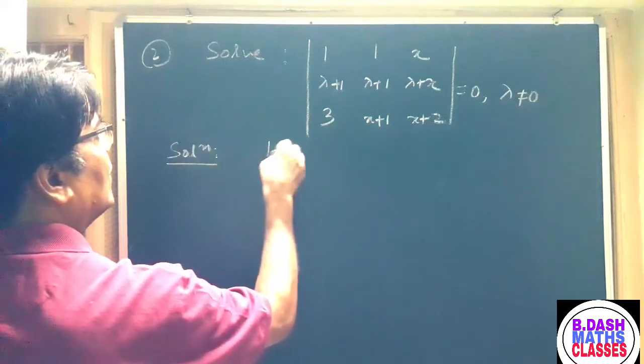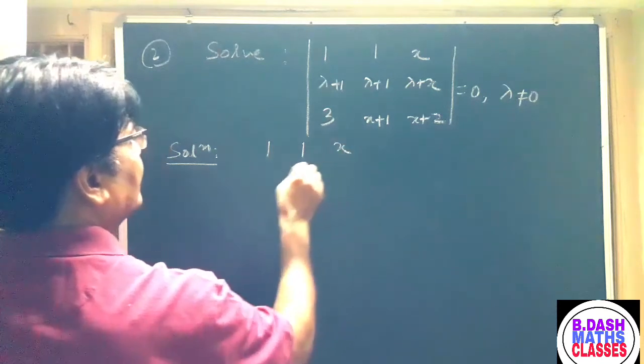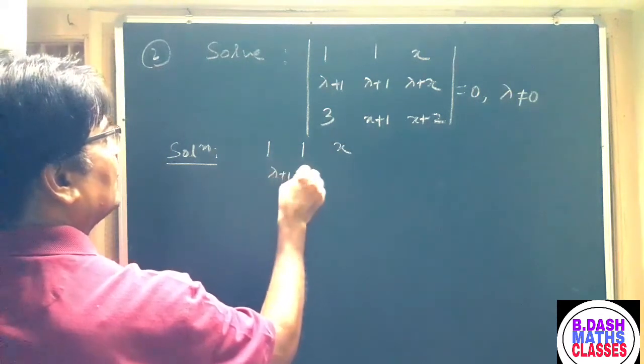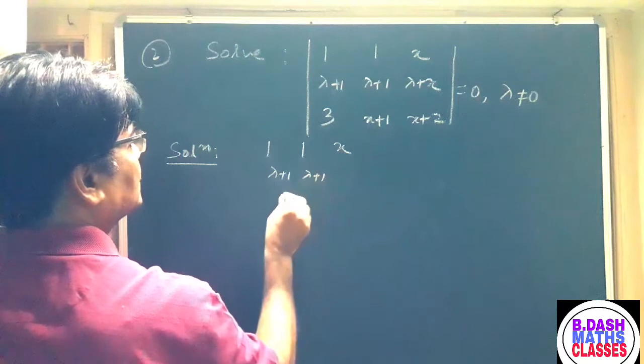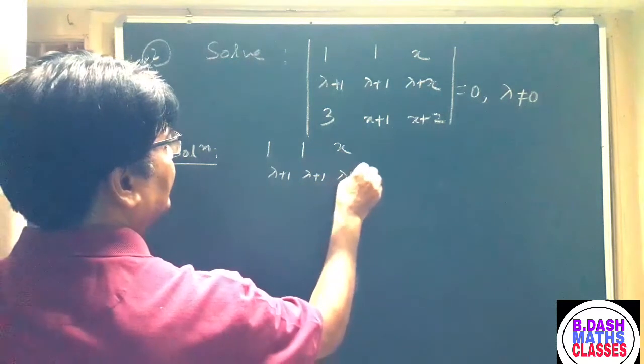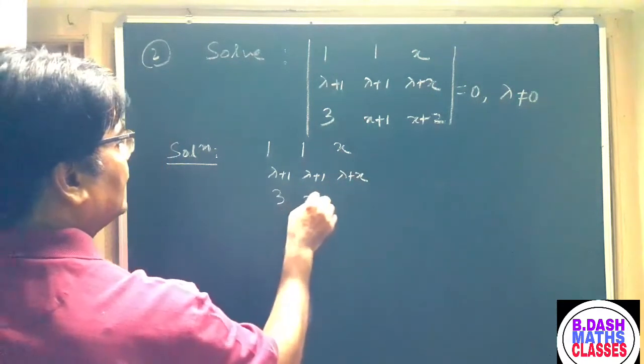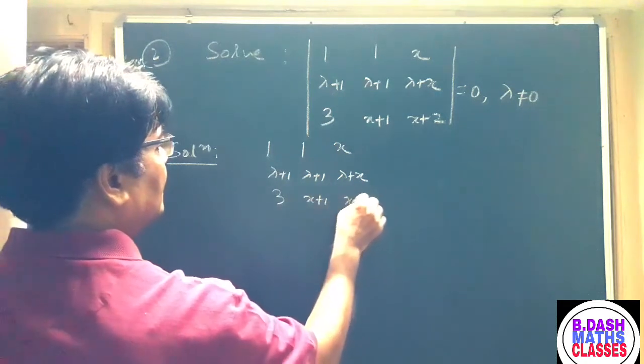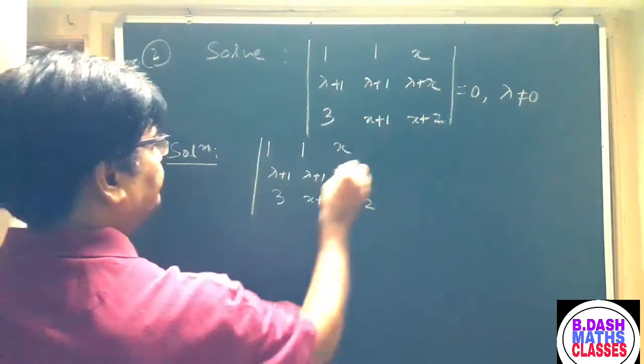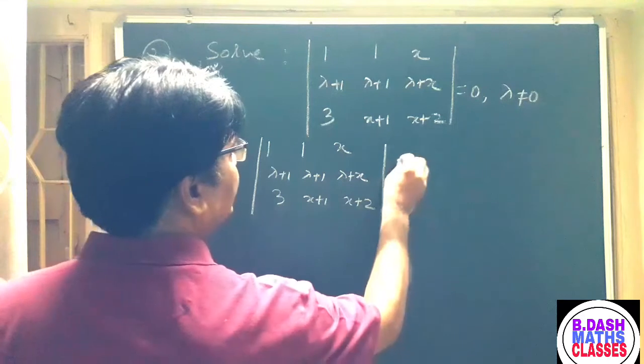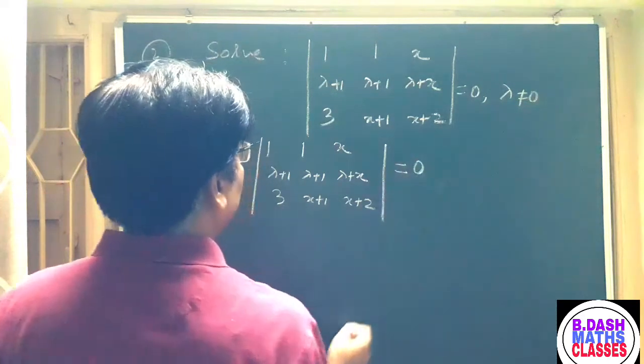So we have the determinant 1, x, lambda plus 1; lambda plus 1, lambda plus x; 3, x plus 1, x plus 2. This is equal to 0.